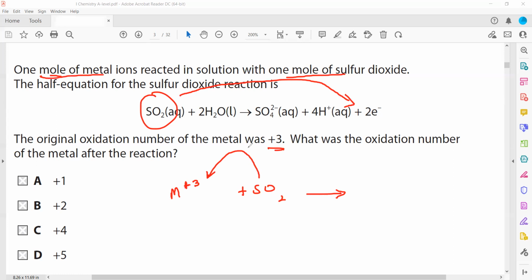If sulfur dioxide is losing 2 electrons, the metal should gain those 2 electrons. When it gains 2 electrons, what will be the charge left on the metal? The charge will be +1. That's why A will be the right answer.